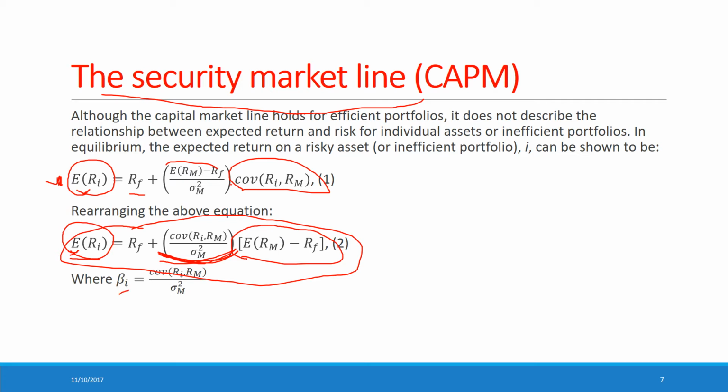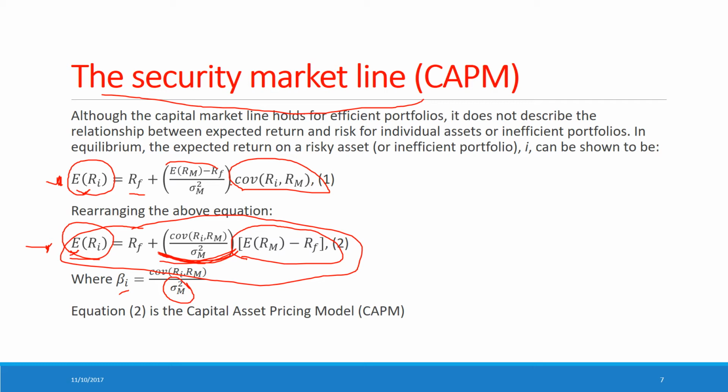So beta is simply the covariance between individual asset returns and the market returns, divided by the market risk, right? So it's basically a standardized measure of covariance or co-movement. Okay. So equation 2 over here is the capital asset pricing model.